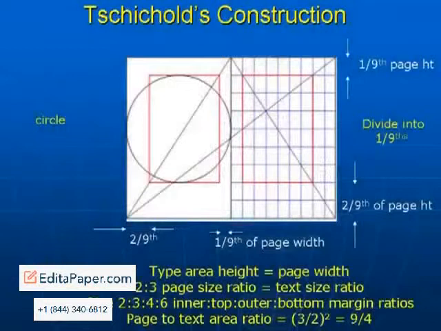And here's a construction that Tschichold had reconstructed and claimed was the way people tended to do this in ancient books, or how easy it would be to do it if you wanted to do it systematically. So here's your double page, and suppose here you divide up the width in 1/9 units of the page width, and then you divide the height into 9ths as well.